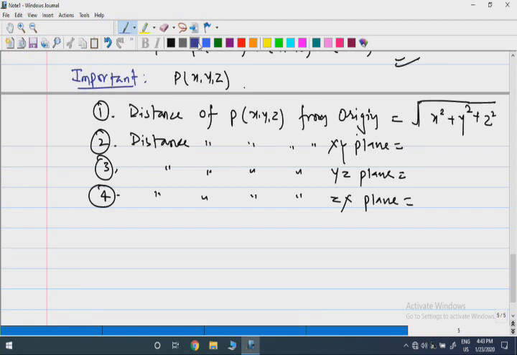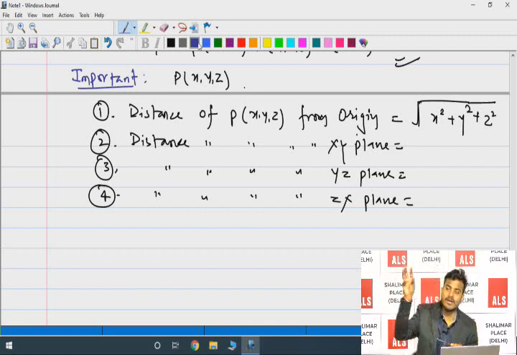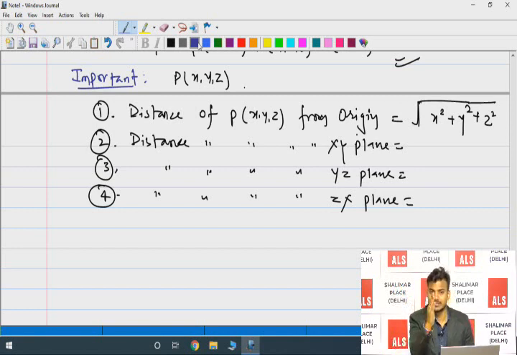When you write this kind of thing, distance of this point from the xy plane, from the yz plane, from the x-axis, y-axis, the figure should be in front of you. Whenever you're solving this kind of problem in 3D, that particular figure should be in front of you. This is x, this is y, this is z, right? Some point x, y, z. Now, if this is the plane, what is the distance? Z, right?